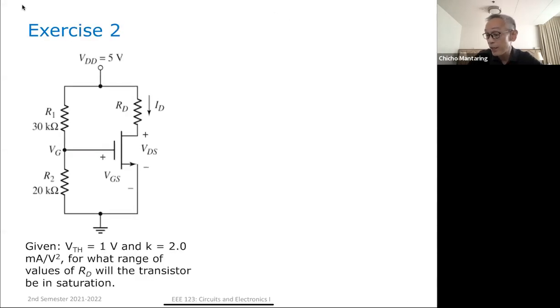And then you can also try this problem out. So ito naman, ang ginagawang unknown is the value of R sub t. This problem is a little bit simpler because wala kang RS. So since there's no RS, in this particular case, VG is actually equal to VGS, because RS is equal to 0.